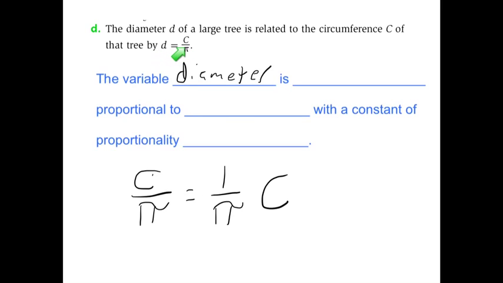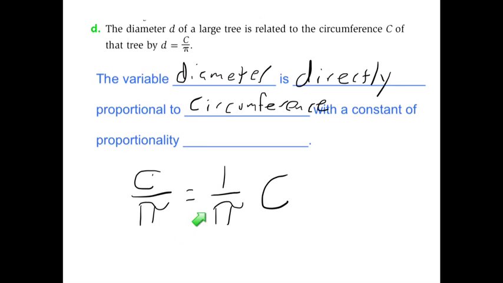Notice that the d and the c are both in the numerator of the fraction, so that makes it directly proportional. So the variable diameter is directly proportional to the circumference with a constant of proportionality of, just like we saw down here, 1 over pi.